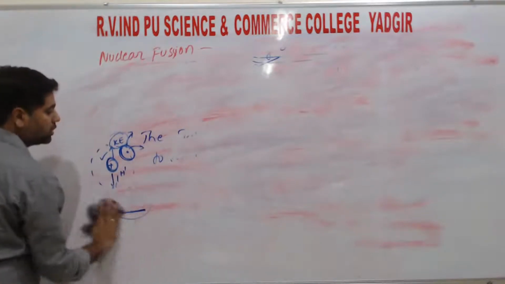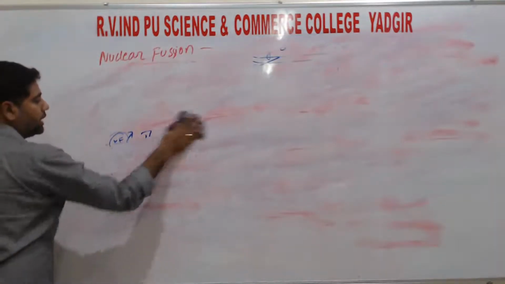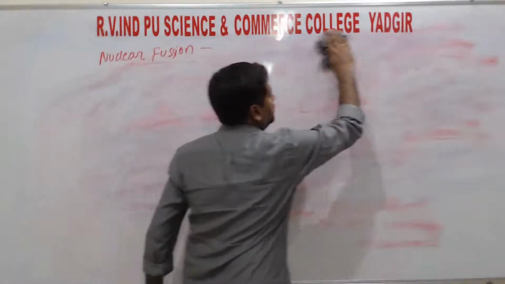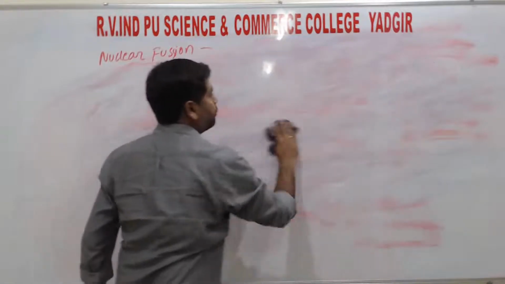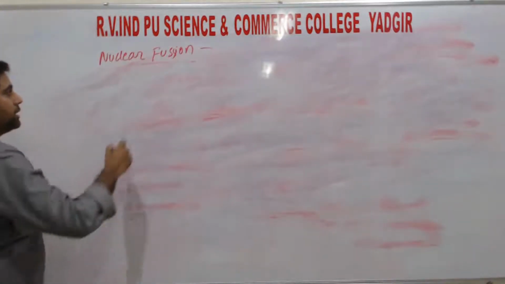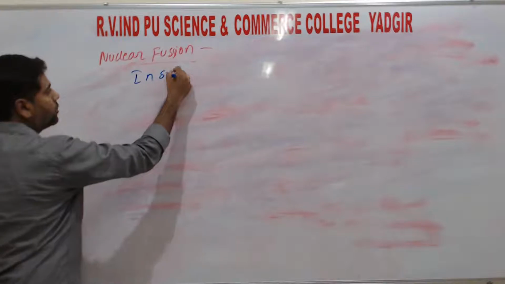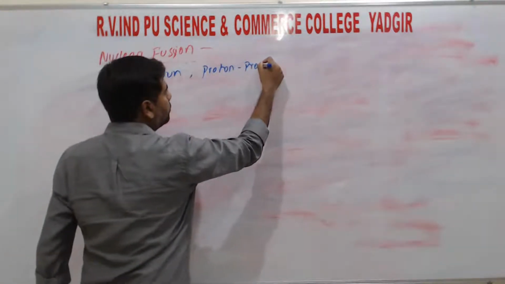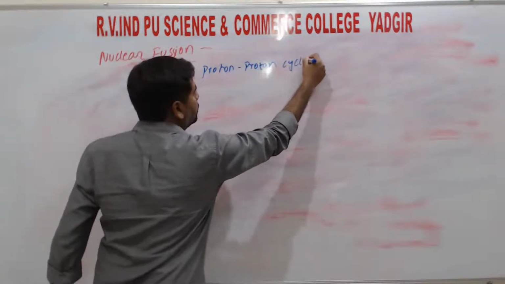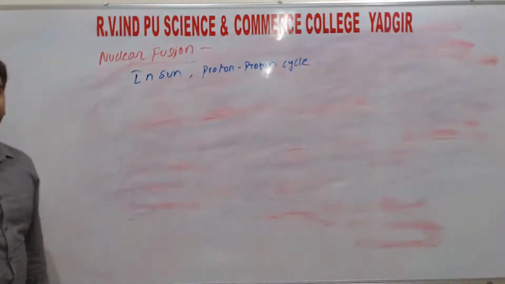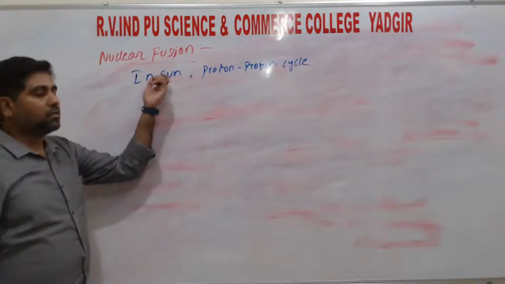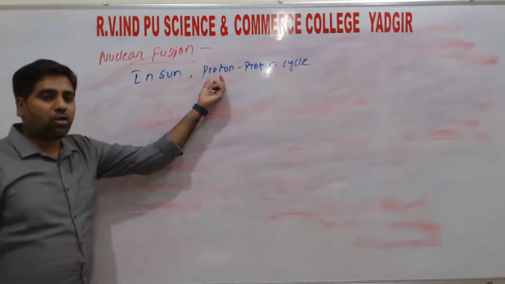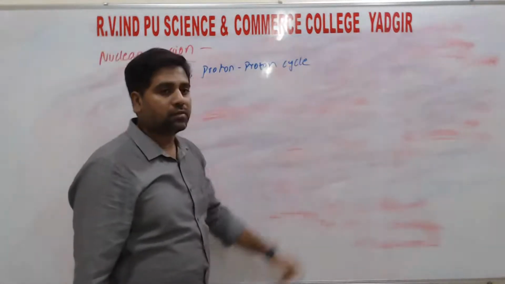When two hydrogens combine together they release energy. In the sun it takes place as the proton cycle. This has a number of reactions that take place in the sun, that means the nuclear fusion that takes place in the sun, and that cycle we call the proton cycle, right?